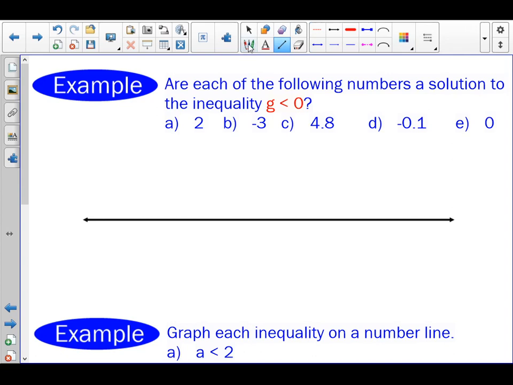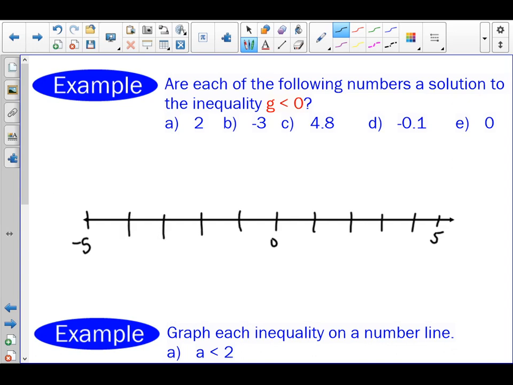And let's say the biggest the numbers get is like 5-ish, and the smallest they get is negative 5-ish. So there's our number line.